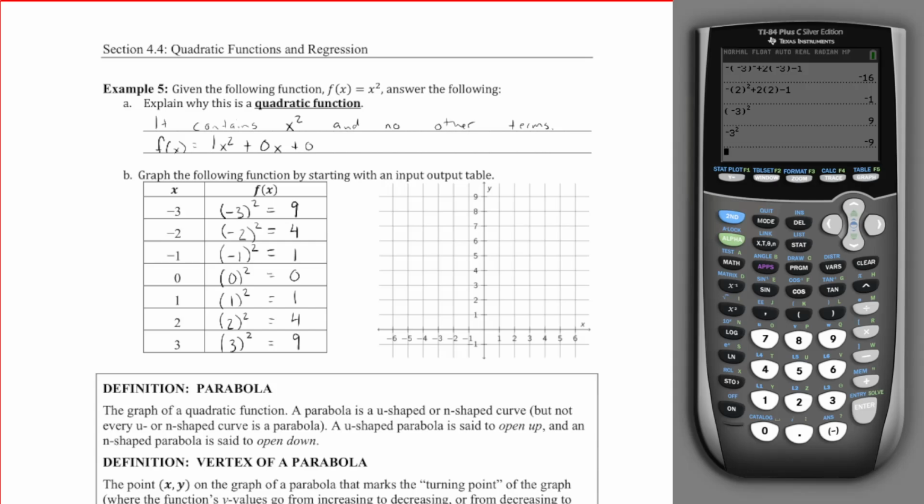So let's look at these points. When x is negative 3, y is 9. When x is negative 2, y is 4. When x is negative 1, y is 1. When x is 0, y is 0.